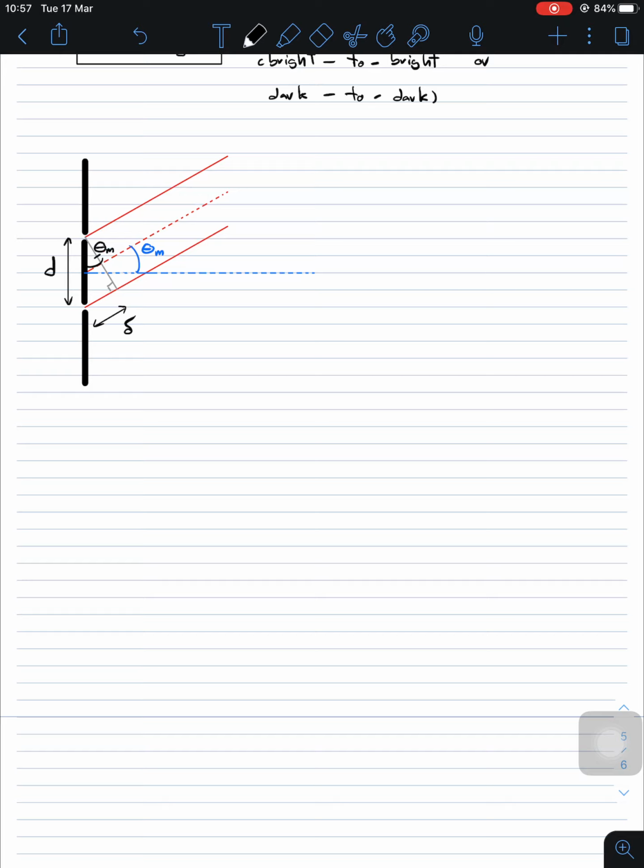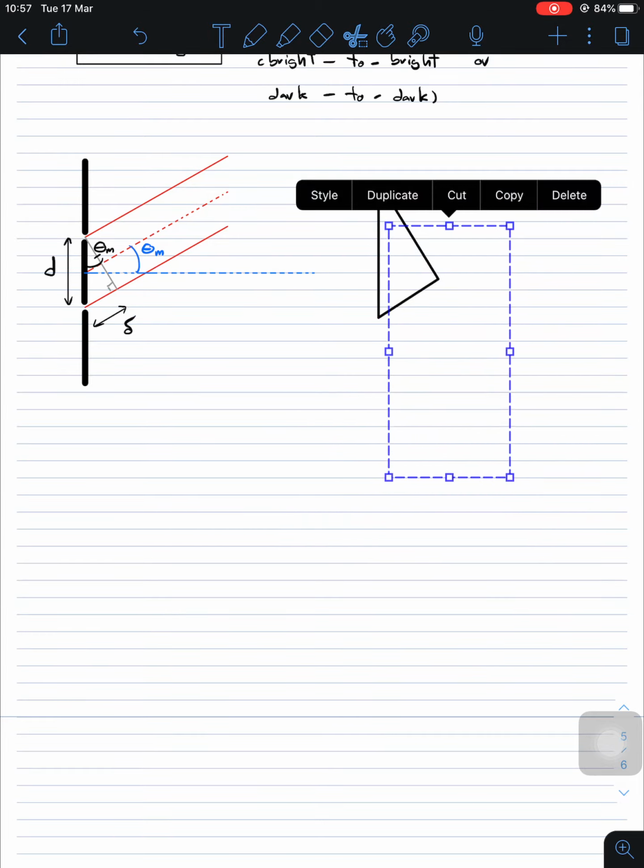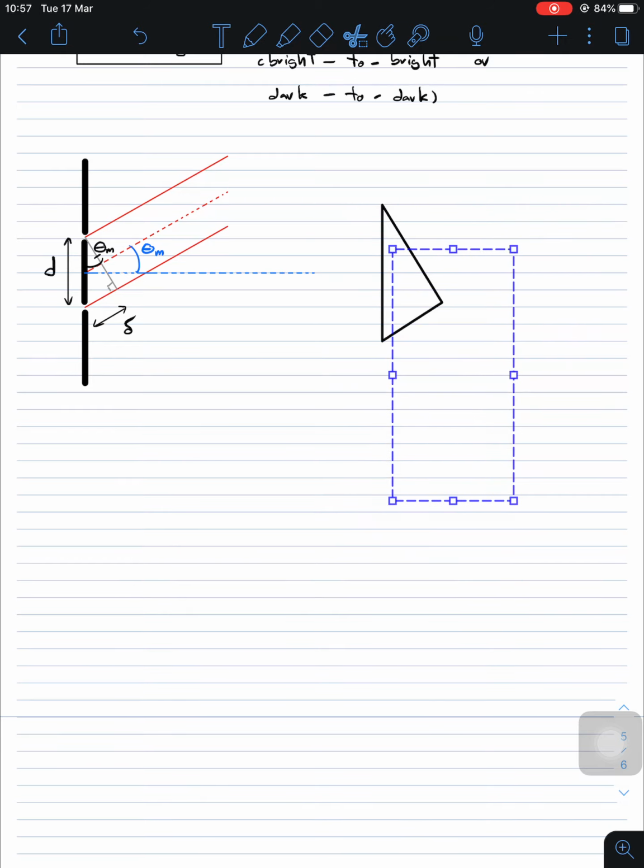Then you can see that we have this right triangle, with this 90 degrees, this angle theta m, this is d, and this is delta.